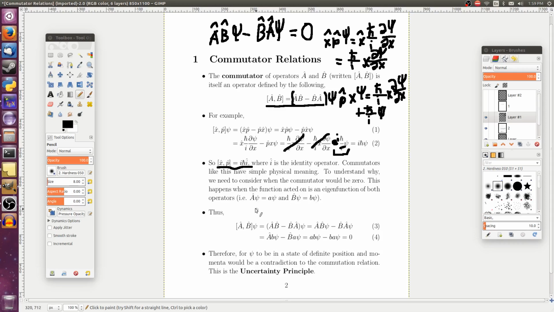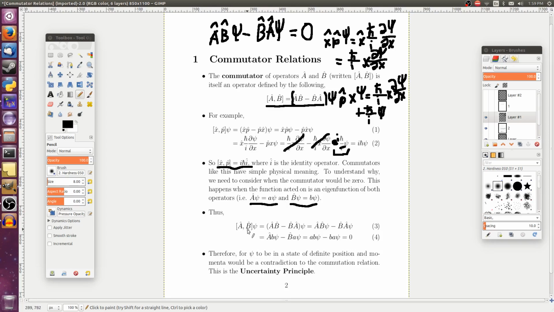So if it's an eigenfunction of both, what we're saying is if we had some function psi that was an eigenfunction of A and B, well, when I act on psi with A, I should get just some constant times psi. That's what it means to be an eigenfunction. And for the second one, if I act on it with B, I should just get some constant times psi.